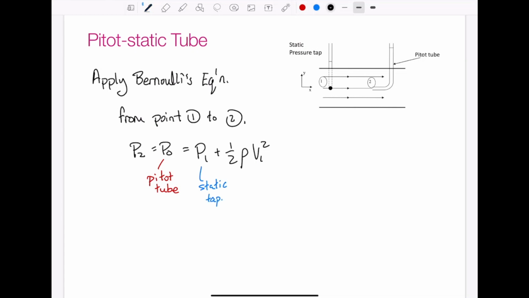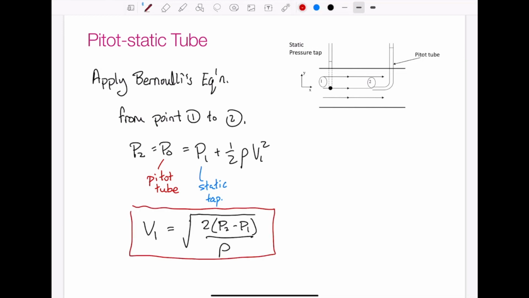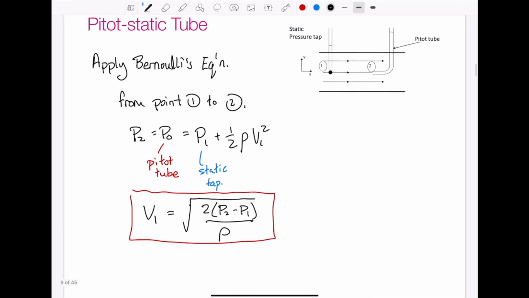If we rearrange this, we can get an equation: V1, the velocity at point 1, is equal to the square root of 2 times the pressure difference P2 minus P1, divided by the fluid density rho. So if we measure the stagnation and static pressures, we can calculate the fluid velocity.